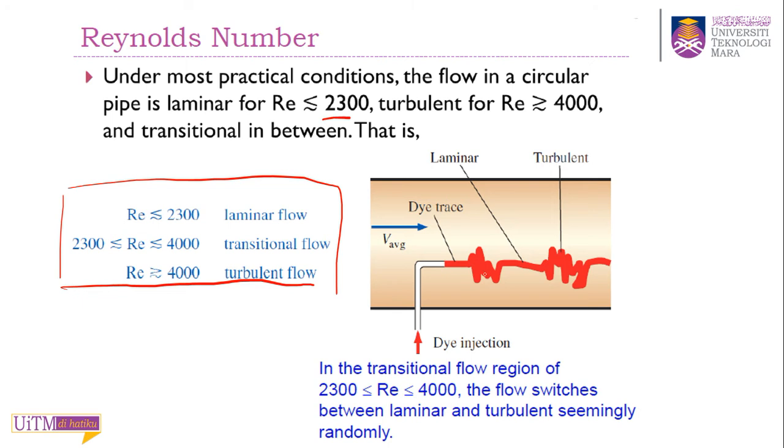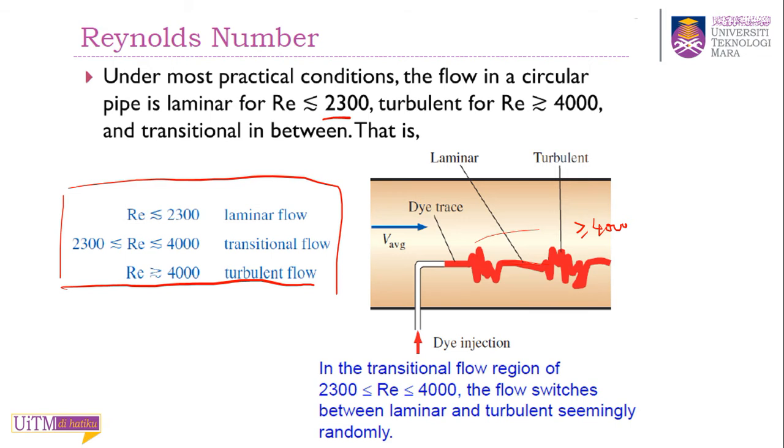That's why sometimes it's turbulent and sometimes it's laminar. So this region here is still transition, and after that there will be fully turbulent flow. This means this here is more than 4000. So that's how we can see these numbers in the experiment.